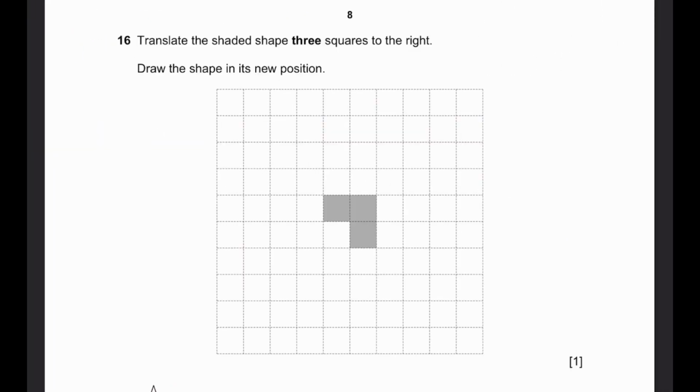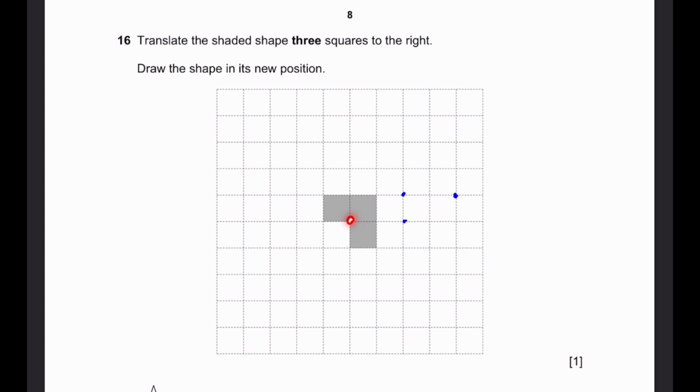Let's go to question 16. Translate the shaded shape 3 squares to the right. Draw the shape in its new position. So let's just take one of the corners and translate 3 squares to the right. That's 1, 2, 3. We can use a similar method for all 5 points. 1, 2, 3 for this point, and then for this point 1, 2, 3.